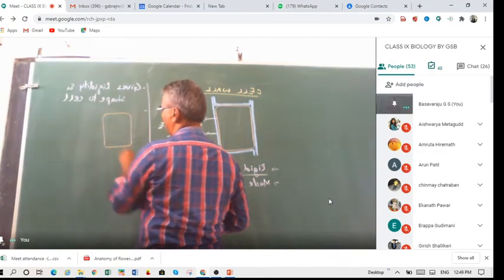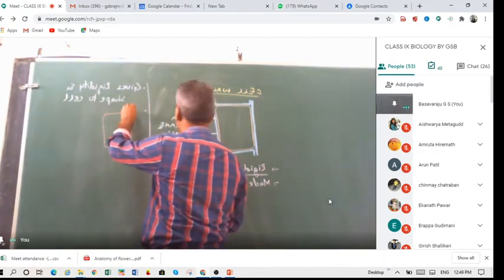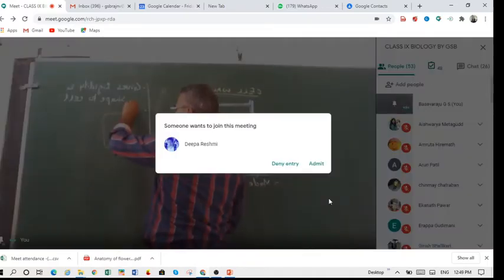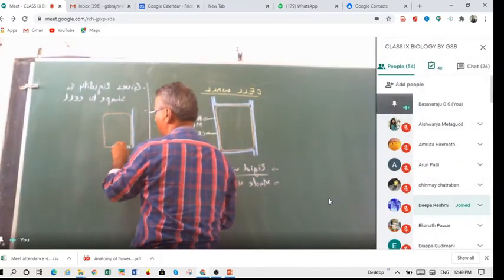Okay, and this is with the cell wall. This is with cell wall.